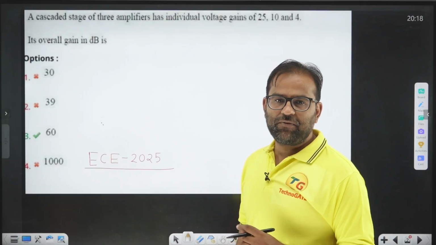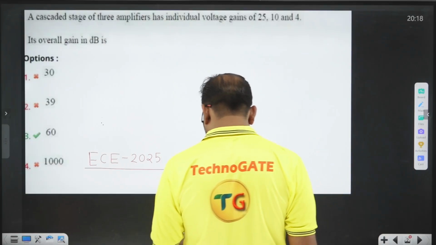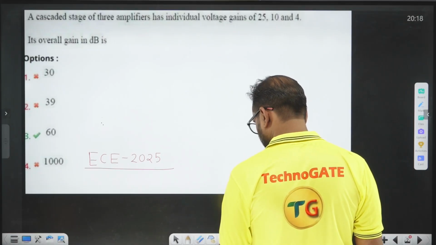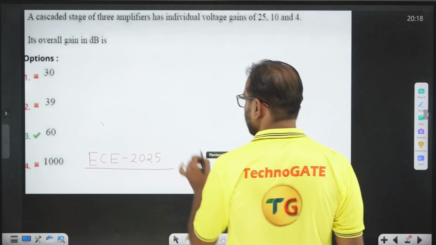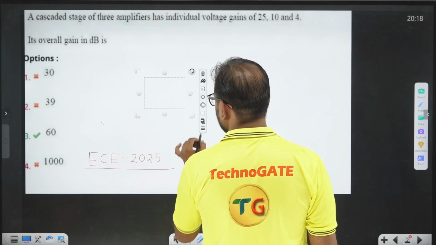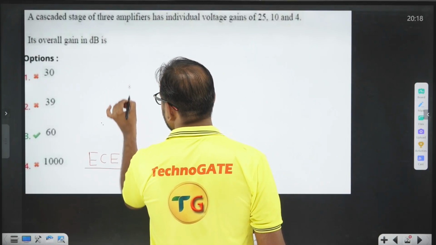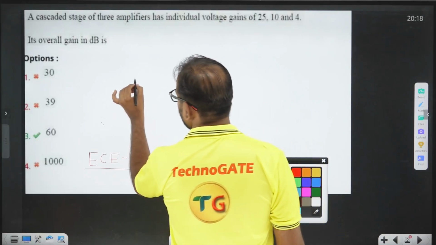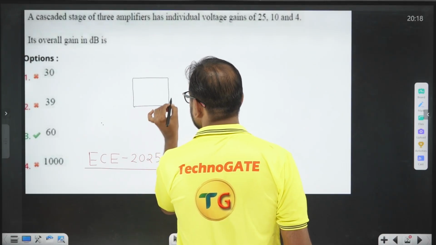Cascaded three amplifiers has individual gain of 25, 10 and 4. So you are having three cascaded amplifiers.